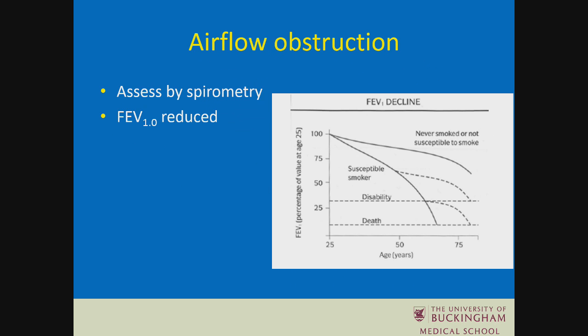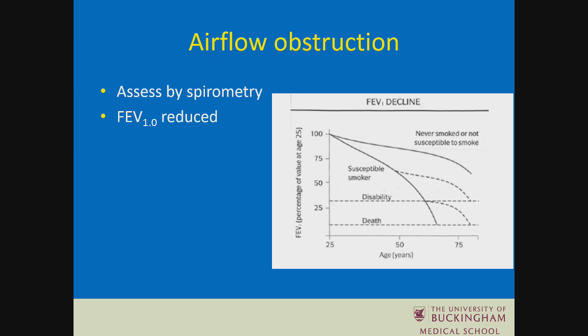One is the forced vital capacity, which is the total amount of air that you blow out of your lung, and more importantly, that volume of air that you blow out in the first second. And you should be able to blow out 3/4 of the air in your lung in the first second, but if it's less than 70%, that means the airways are narrow and it's taking longer and longer for you to exhale.